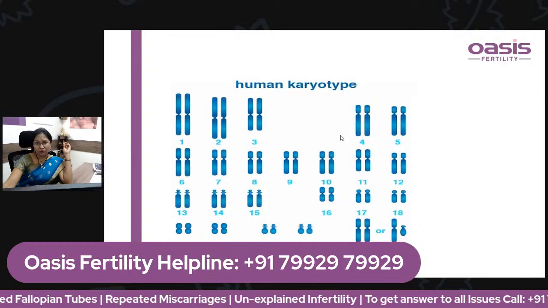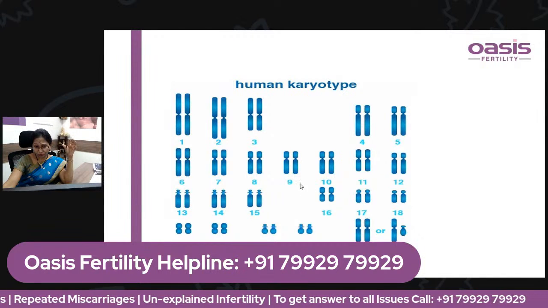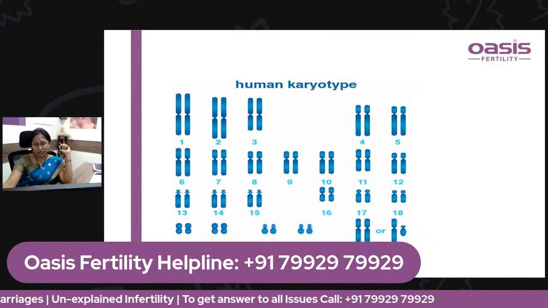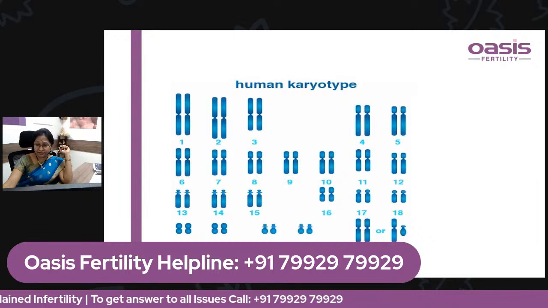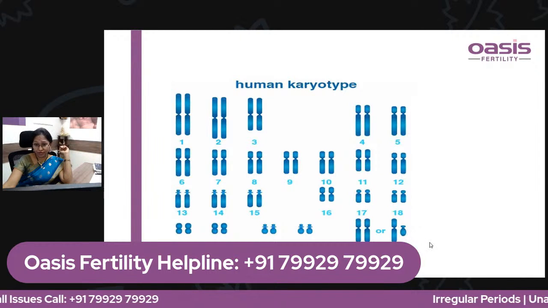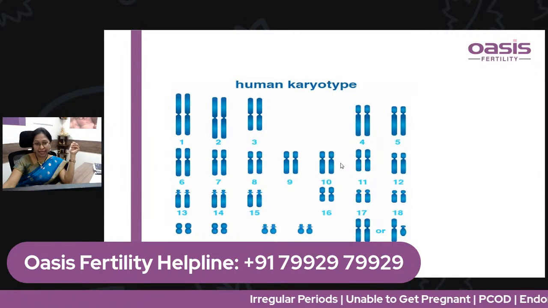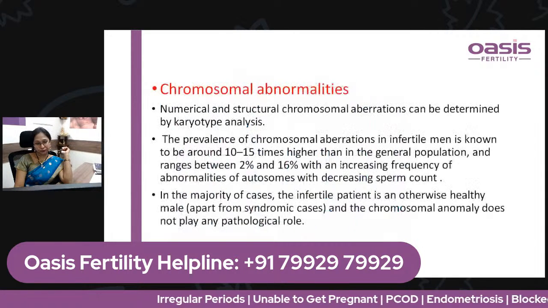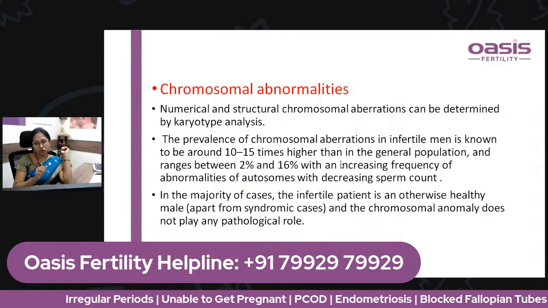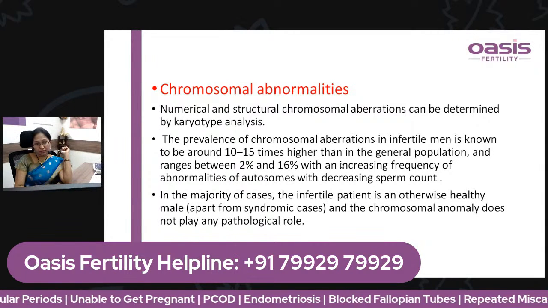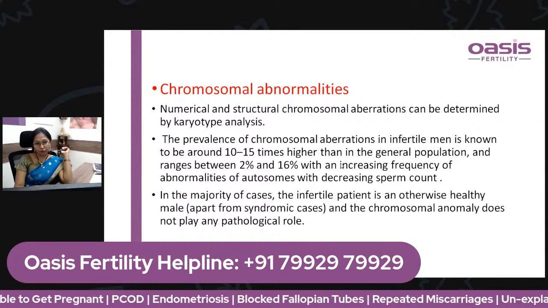Autosomal chromosomal problems can occur, or in some cases X-linked problems, Y microdeletions, or other sex chromosome problems can also happen. These are the chromosomes we usually check in karyotyping, to see whether they have autosomal problems or sex chromosome problems.